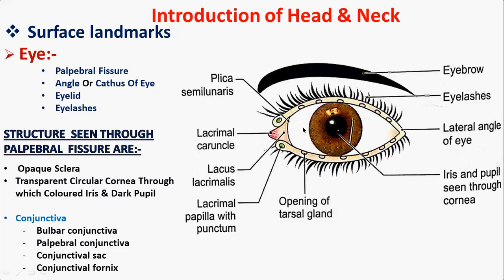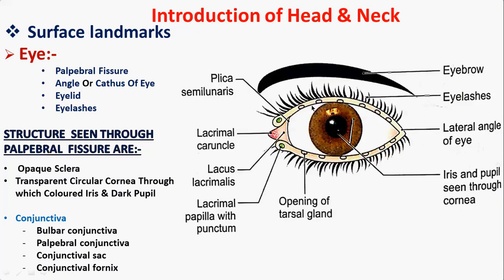Conjunctiva. Here over the sclera, this is the bulbar conjunctiva, and underneath the upper eyelid and the lower eyelid there is the palpebral conjunctiva. This is called the conjunctival sac.